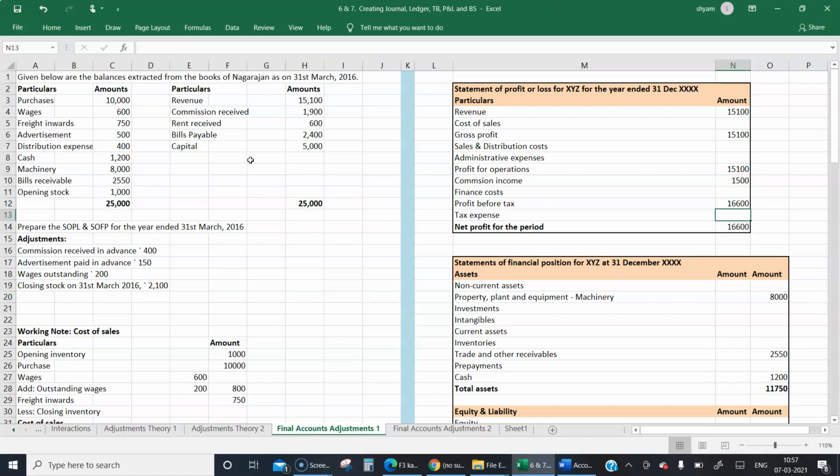So that's done. Next one is rent received. Okay, so rent received is again an income, so we'll put it here. Okay, so we have bills payable 2400.